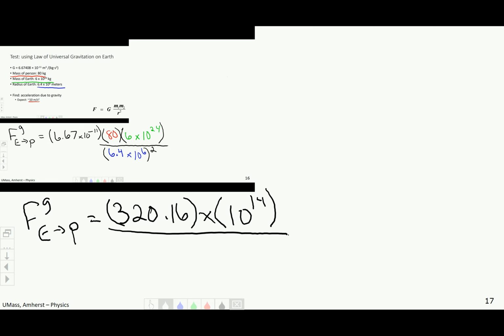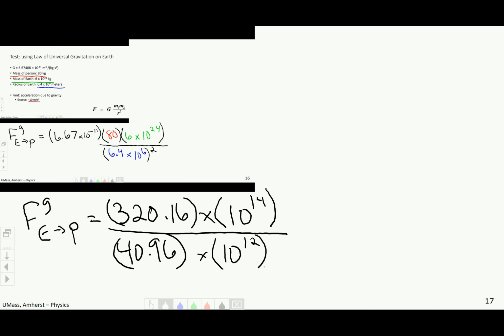And if we do that under here, 40.96 times 10 to the 12.